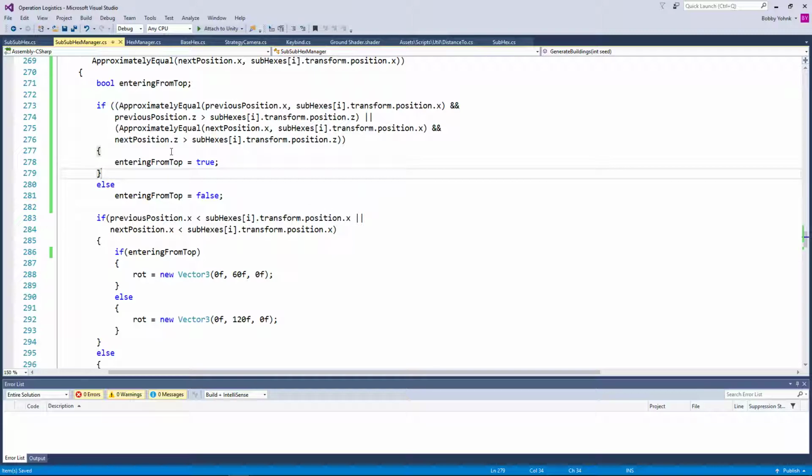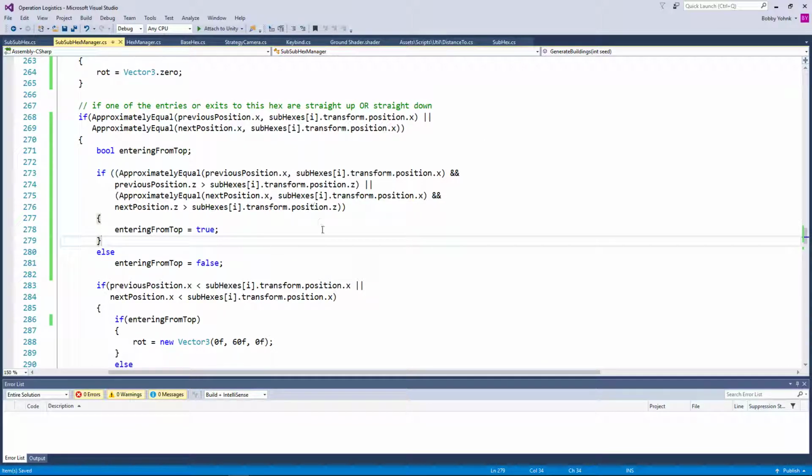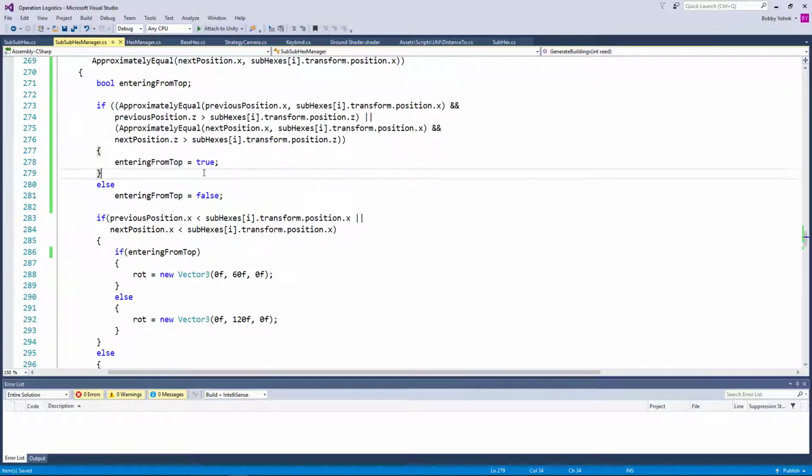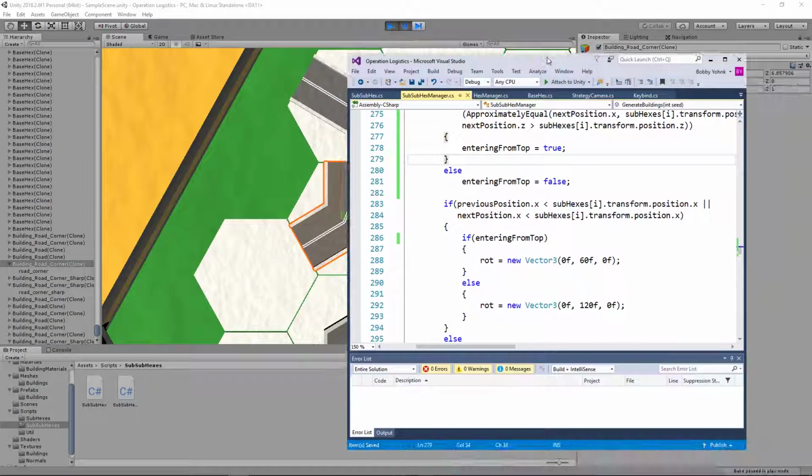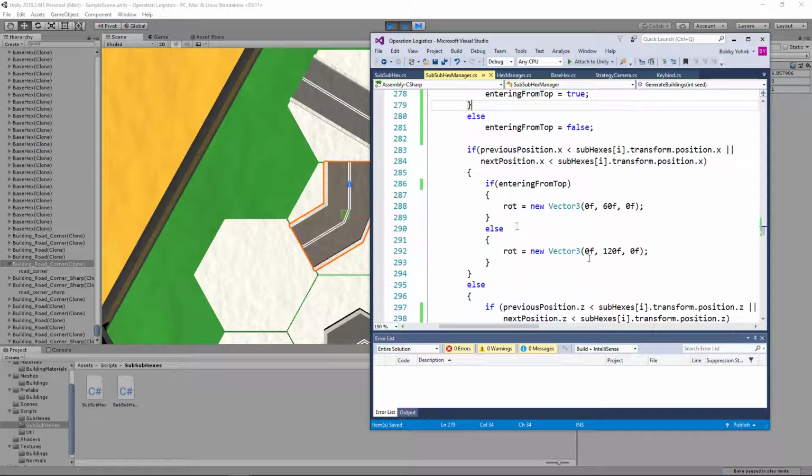Or rather, we know if we're entering from the top or not. So if our position that is on the same X position as us is also above us, then this is true. Otherwise, this is false. So we know here that we are working on this side.